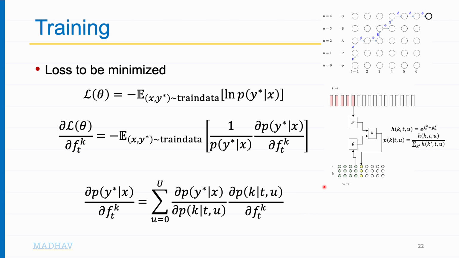So what you have done here is that you have differentiated P(y star given X) with respect to P(k given t,u), and then the same chain rule, right? You know that P(y star given X) is a function of P(k given t,u). So let's apply the chain rule, split them apart, and look at both of these terms separately. How many of you agree with this form?